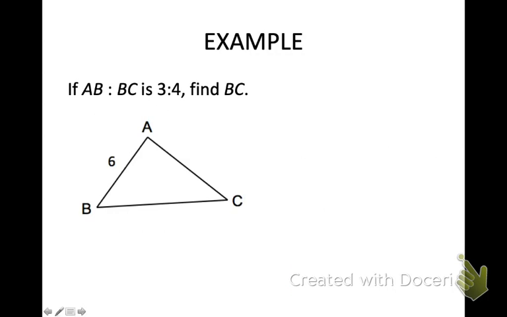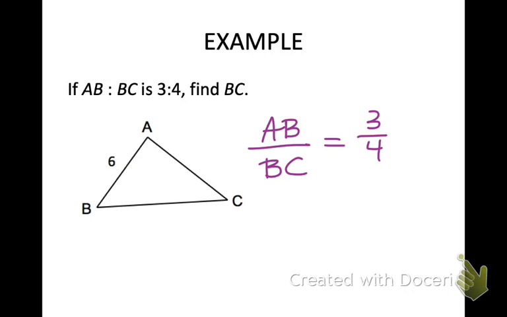If AB is proportional, remember this is the same thing as a ratio. So AB to BC is 3 to 4. So we can rewrite that as fractions, right? So AB over BC. The word "to" is always just a word for equal sign. 3 to 4. That kind of looks a little bit familiar to what we were just doing in 6.2. What is the length of AB? 6.